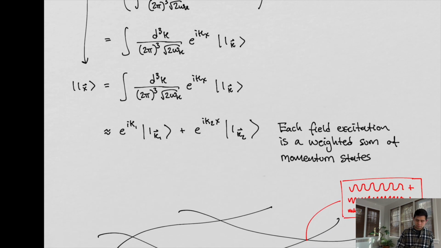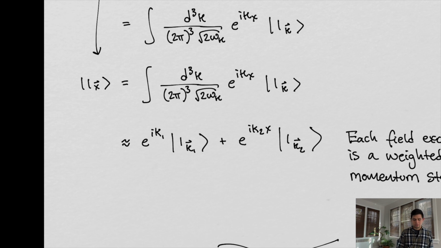And what we see here is that one particle at a certain position is a summation over multiple momenta of a particle with that momentum. So what is this telling us? This is a weird thing, and I want to spend a little bit of time on this because this helped things click for me as well.